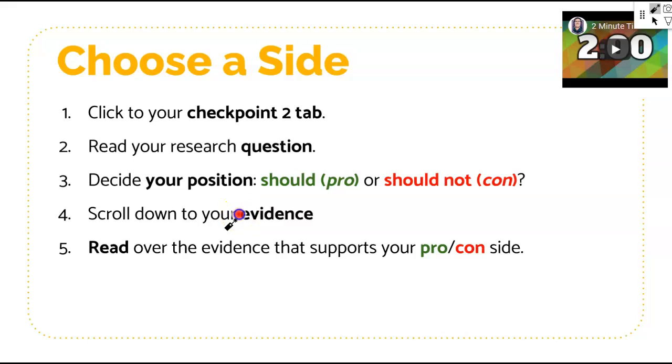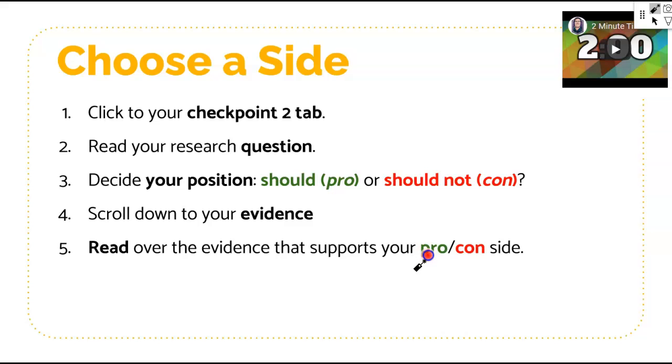Then you're going to scroll down to your evidence that you have in the chart at the bottom, and you're going to read over the evidence that supports your side. So if you chose pro, you're going to look at all your evidence that supports the pro side. If you're choosing con, you want to look at all of your evidence that you collected for the con side. And most people naturally collected evidence for the side that they kind of were already leaning toward or they were already on.